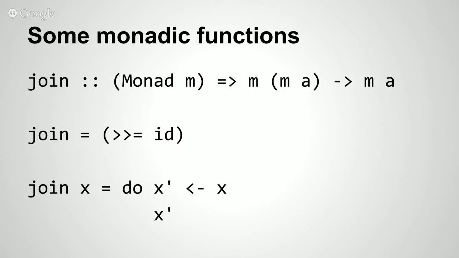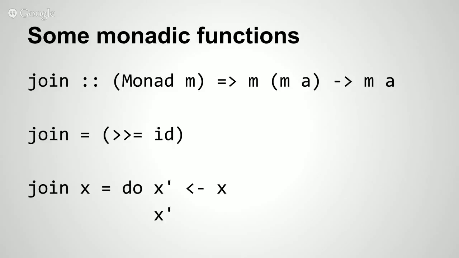So here are some monadic functions that you'll see. One is join, and if you didn't have join, you could write it just by binding to id. What that does is, if you have two or more levels of a monadic type, you can reduce it all the way down to one.